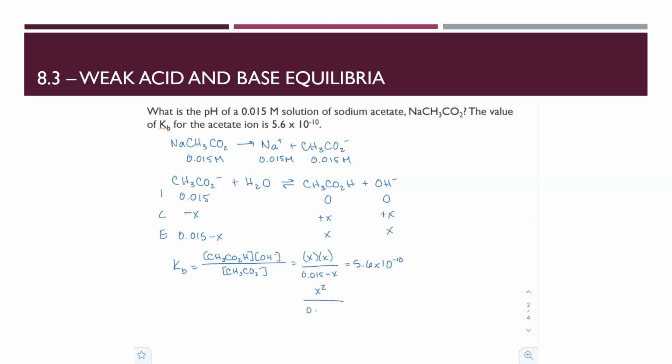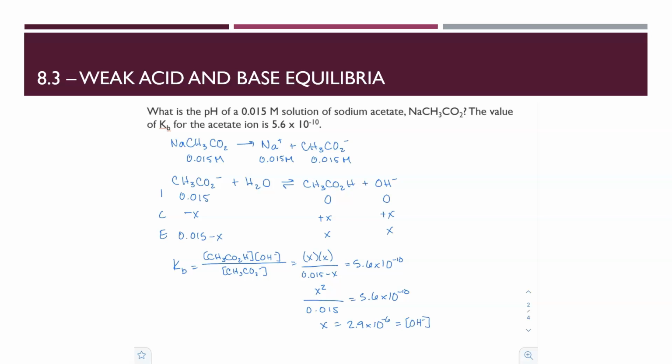So that simplifies to x squared divided by 0.015 equals 5.6 times 10 to the negative 10th. That gets me then an x value of 2.9 times 10 to the negative 6, which is both my acetic acid concentration as well as my hydroxide concentration.